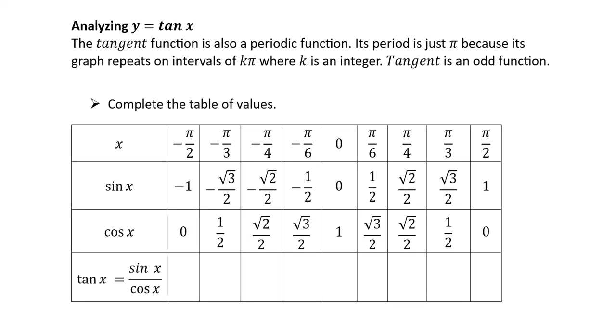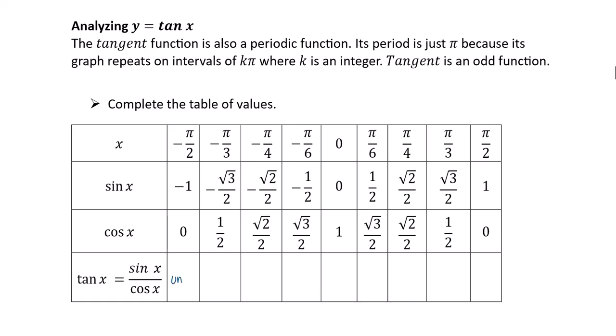Let's complete this table of values. Here I have some angles in for x. I've shown the sine of those angles and the cosine of those angles. Now we can see that tangent of x is the sine of x over cosine x. So I'm going to take -1 and divide by 0.